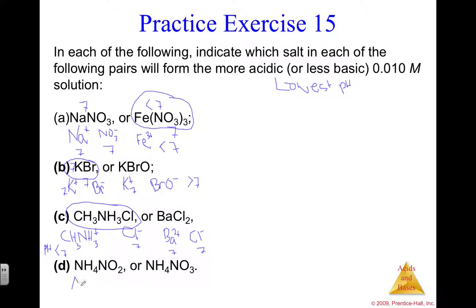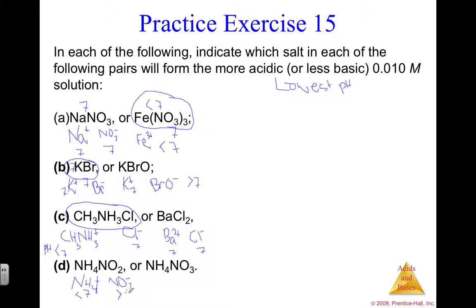Okay, last example. Ammonium nitrite: NH4+ I know is the conjugate acid of a weak base. Therefore, it has a pH that is less than 7. It's acidic. Nitrite, NO2-, is the conjugate base of a weak acid, so it's basic.